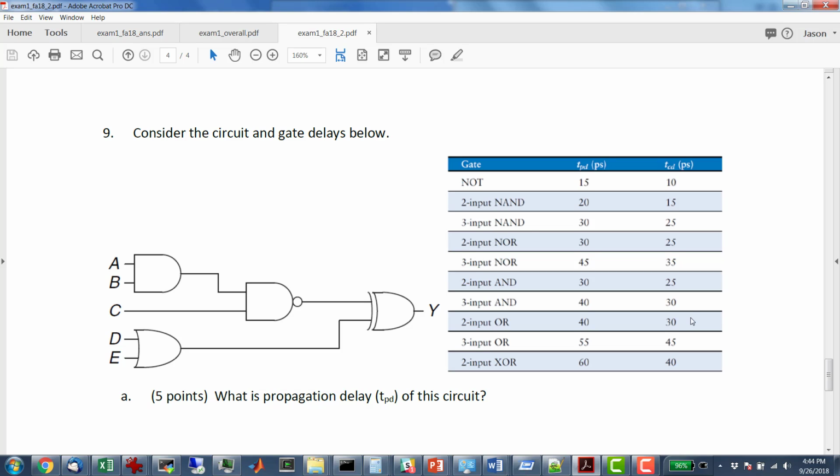OK, consider the circuit below. This one asks for propagation and contamination delay.